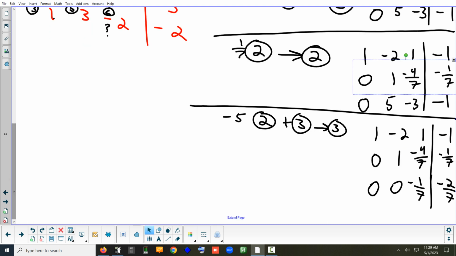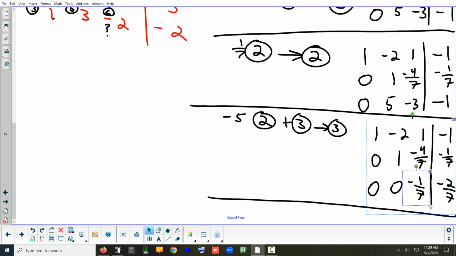At this point, I can look at what I have and translate that last row back to an equation. What does this tell me if you wrote it with x, y's, and z's? Negative 1/7 z equals negative 2/7. Right. It says 0x plus 0y minus 1/7 z equals negative 2/7.